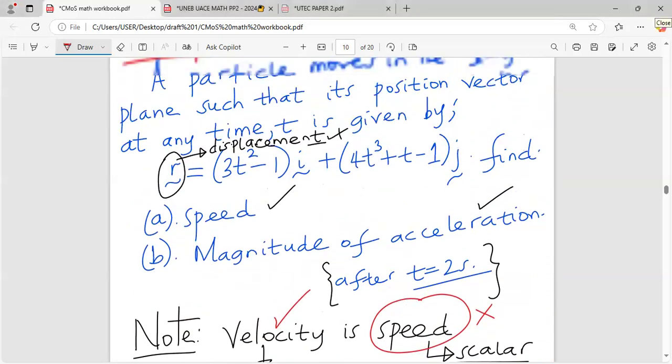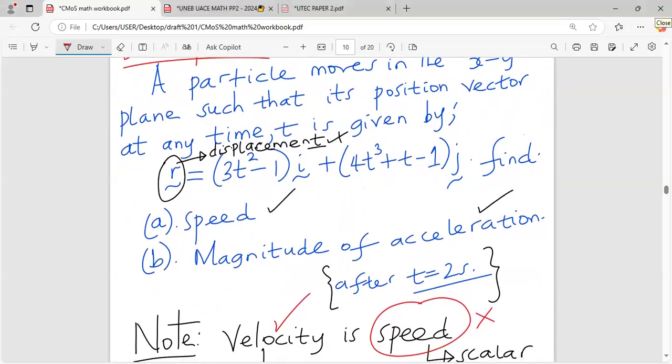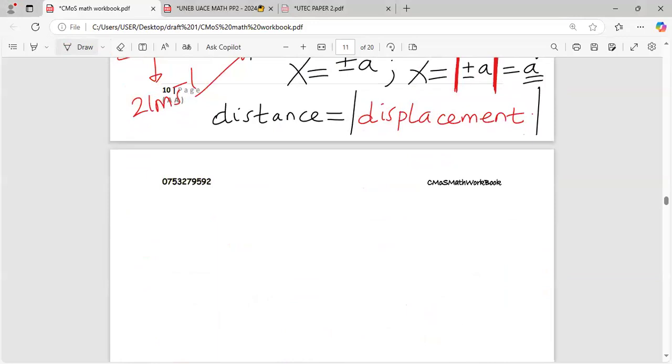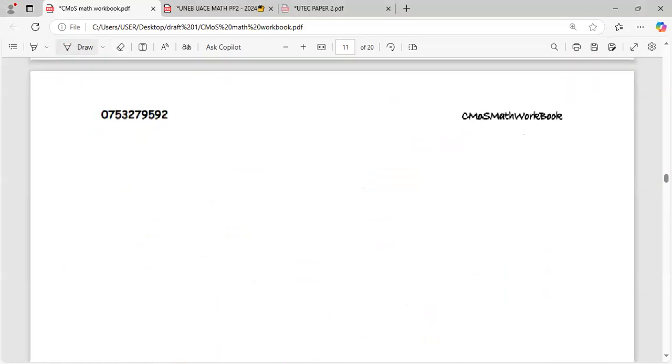So I can now go to this question. This question gave you R and it is asking you for speed. But what you know is that speed is the magnitude of velocity. So which relationship is there between displacement and velocity? In simple terms, how can you get velocity from displacement?